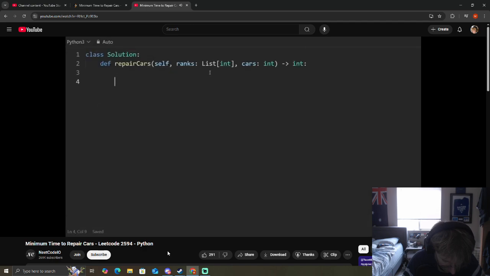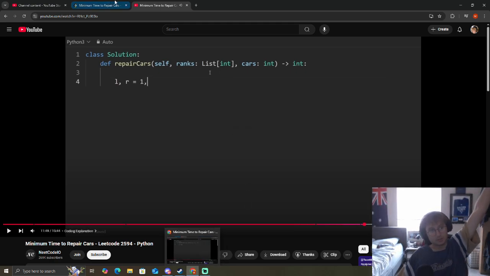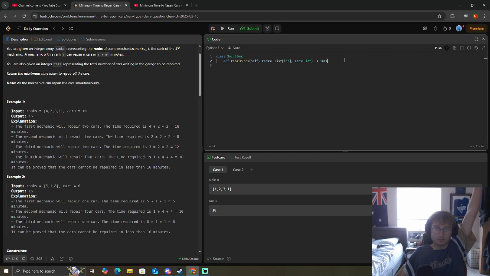Okay, so just doing the initial setup, we have our left and right pointer. Let's do our left pointer as 1. Our right pointer can be the max of our ranks.